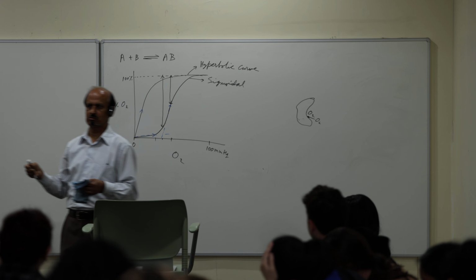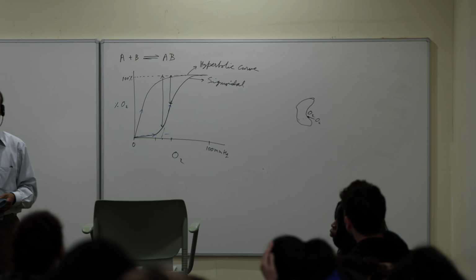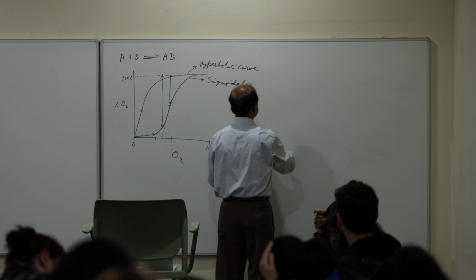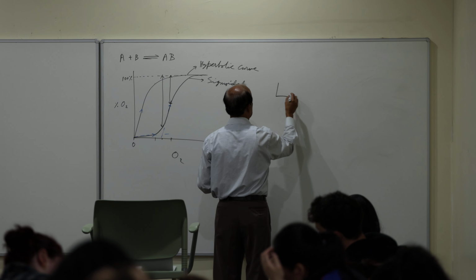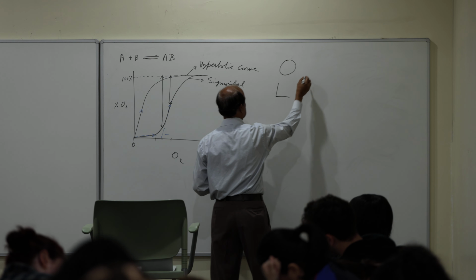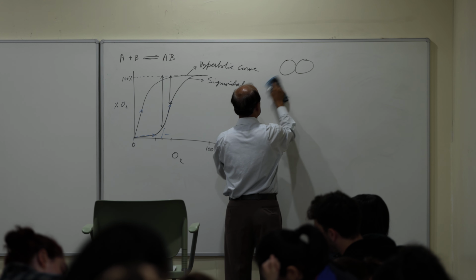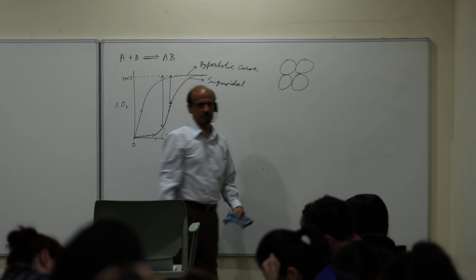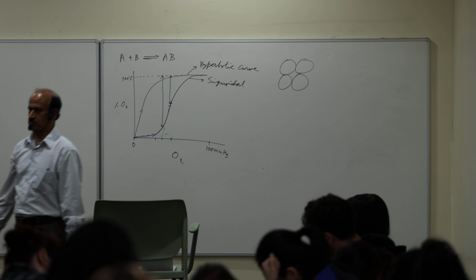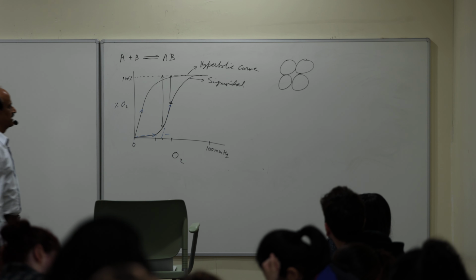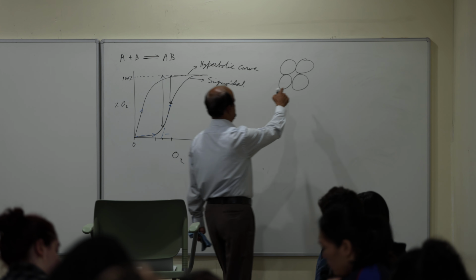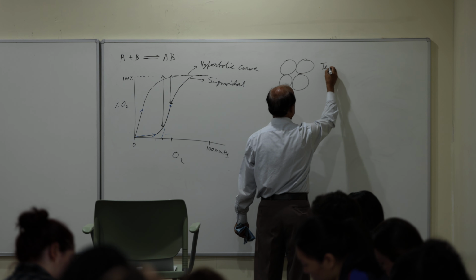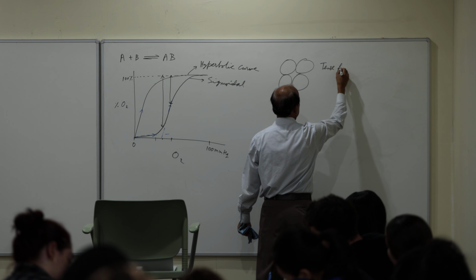As I said, hemoglobin is 4 subunits. So let's say you have, let's draw the subunits this way. Let's draw the subunits like this. Just a symbol. So if this is the low binding affinity structure of the hemoglobin, this is called the tense form.